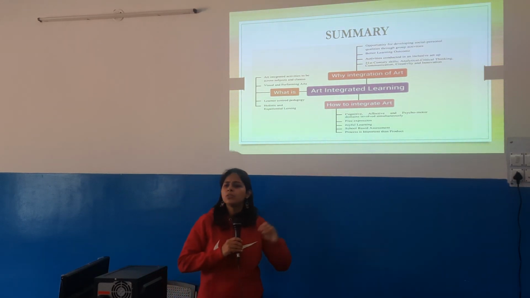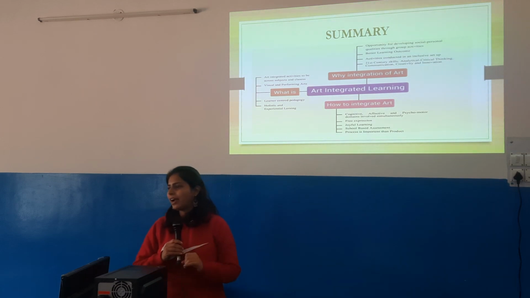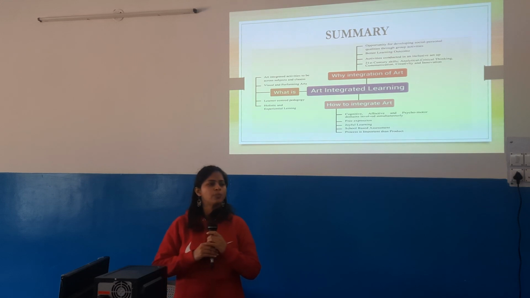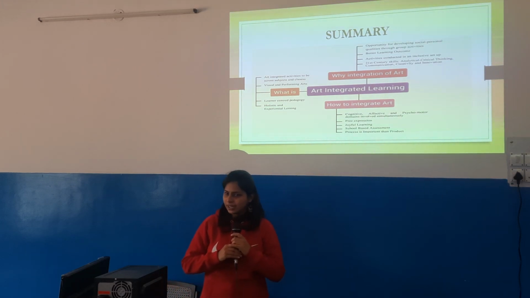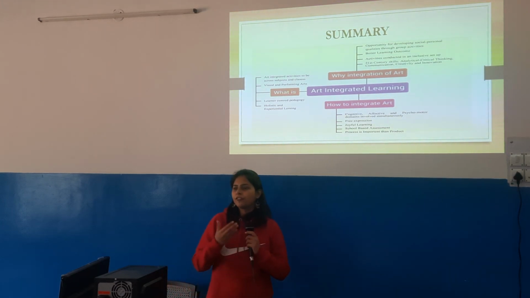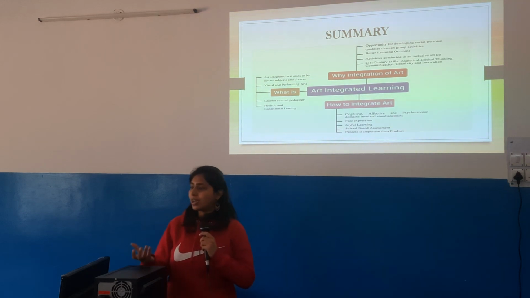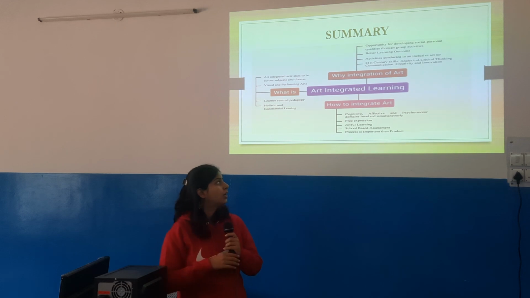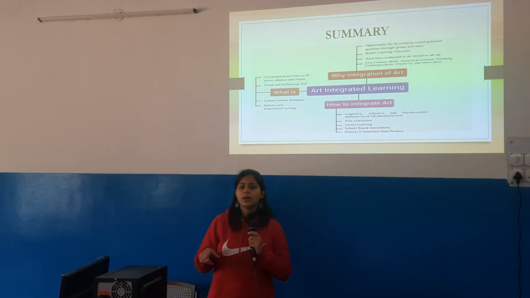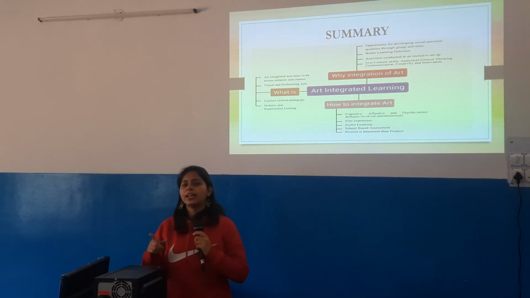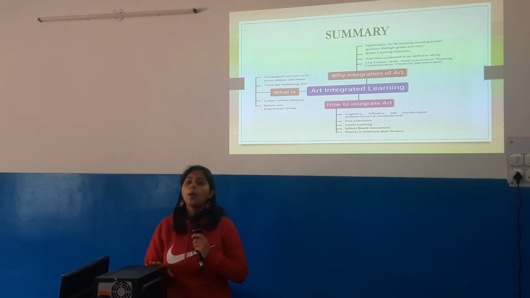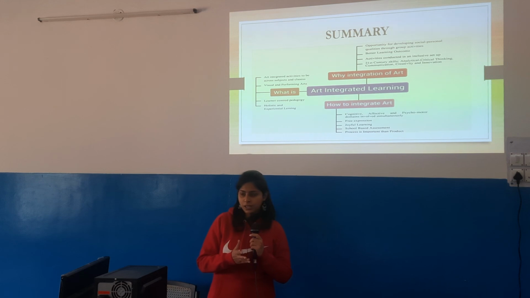How to integrate art? We have seen numerous examples where we have tried to integrate art. First, stage-wise, the first level was pre-primary, primary and secondary. With many examples we have tried and even seen the objectives, what were the outcomes we can get as a result. Then we saw different subjects, starting from English, we proceeded to Hindi, both the language subjects, where it was difficult, but we found many examples related to it.